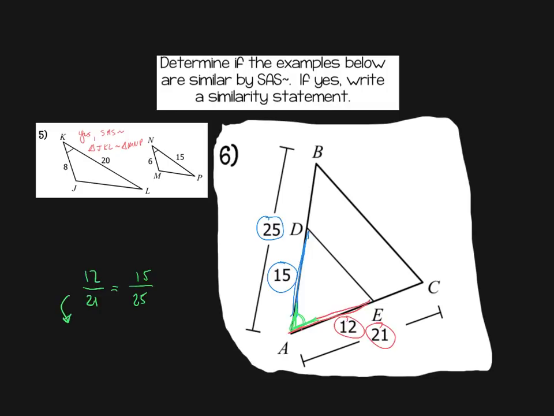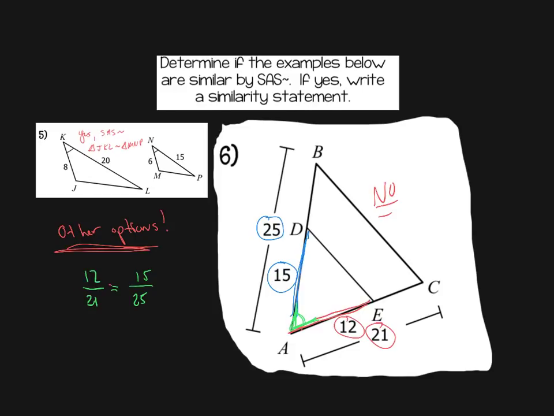So 12 over 21, both divisible by 3. That's going to give us 4/7. And 15 over 25, these are both divisible by 5. And I'm going to get 3/5. And those are not the same. So the answer to this is no. Again, what are some other options?